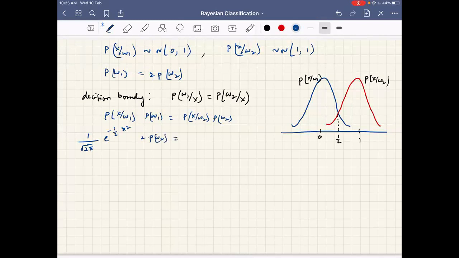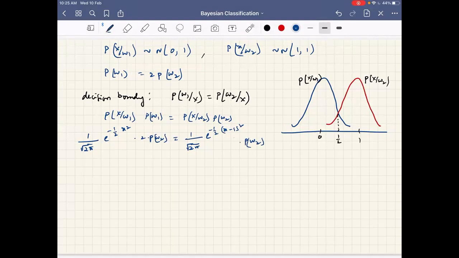And this is equal to 1 by root 2 pi again, e power minus half x minus 1 whole square, into P of omega 2. Is this fine?